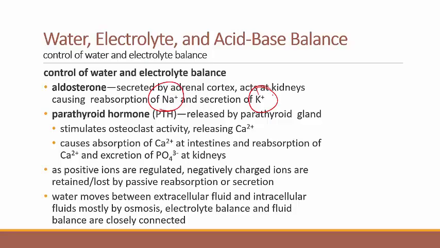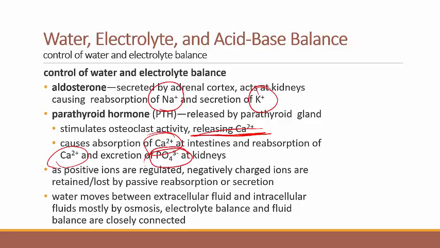It also causes us to conserve calcium at the intestines and reabsorb calcium at the kidneys, there at the nephron. And because we're breaking down bone, we're releasing lots of phosphorus and phosphate ions, so we wind up excreting them. We do tubular secretion of phosphorus at the kidneys.